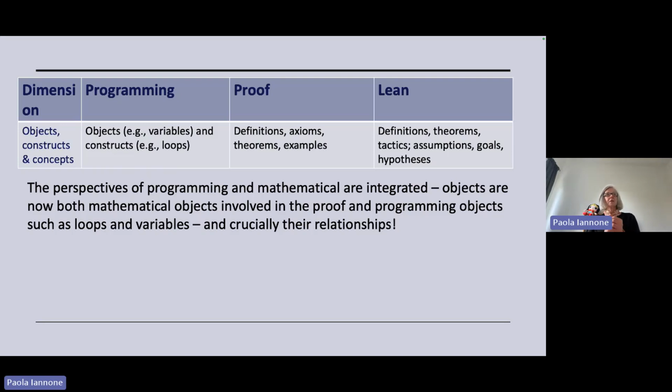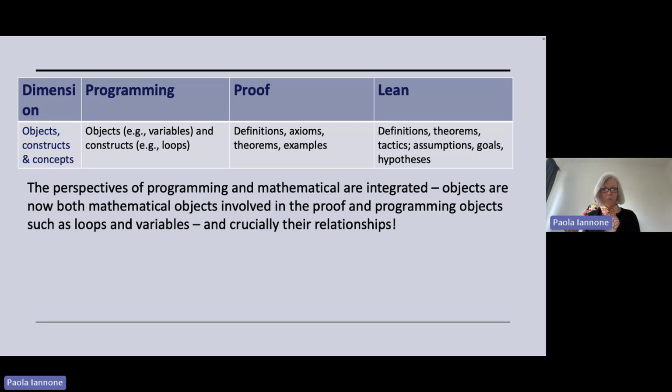The first dimension of this conceptual knowledge is this idea of objects, constructs, and concepts. We have seen that in the proof literature, conceptual knowledge always concerns knowledge of definitions, axioms, theorems, and examples, and in programming, knowledge of objects. Objects this time are different from the proof objects because these are things like variables, and constructs are things like loops. For Lean, we can talk about definitions, theorems, and tactics.